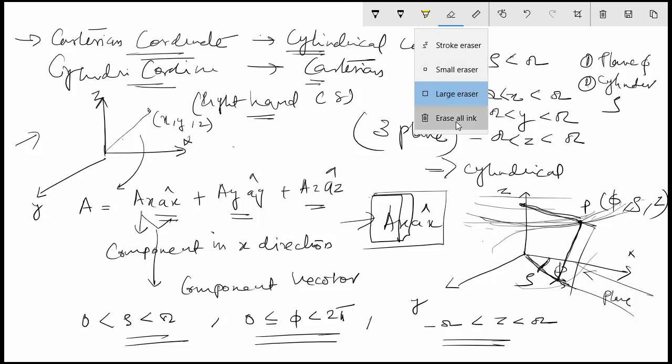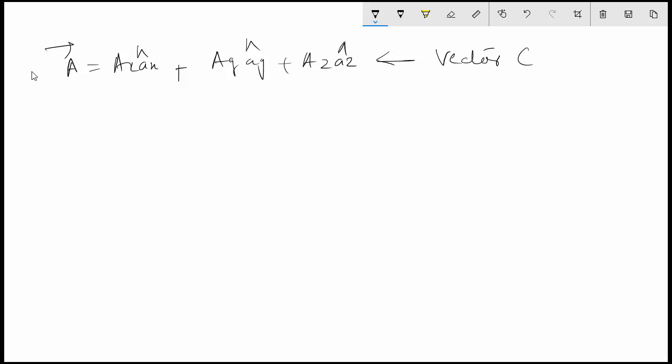But what I want to say is that it's possible to represent a vector like Ax into ax plus Ay into ay plus Az into az. So this is a vector in Cartesian representation.